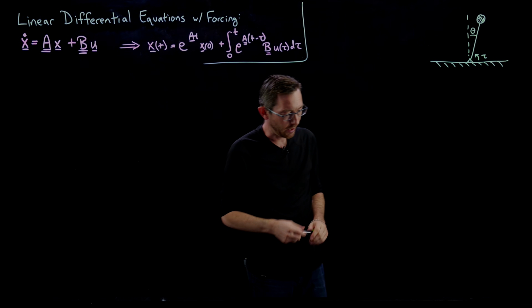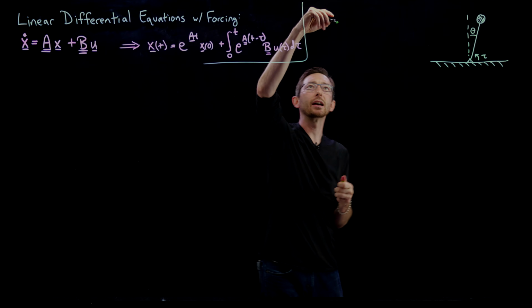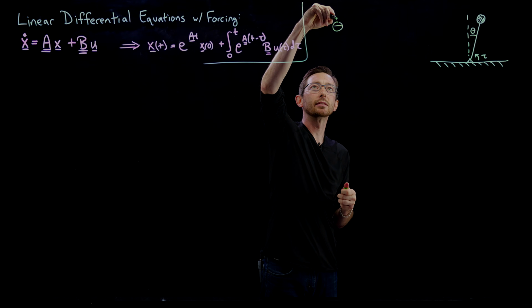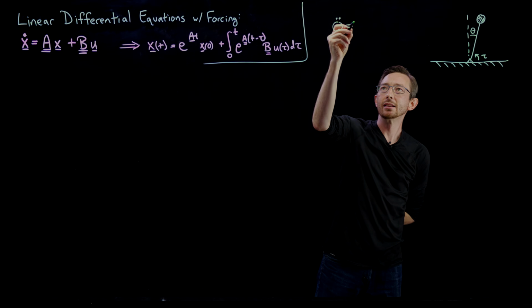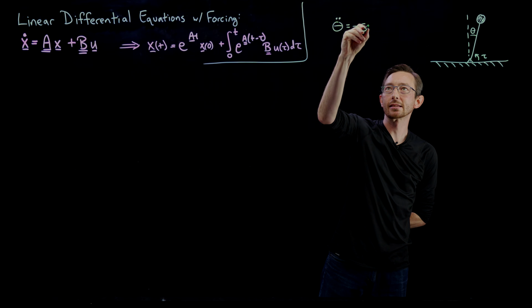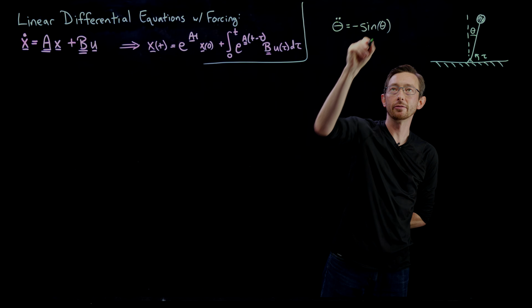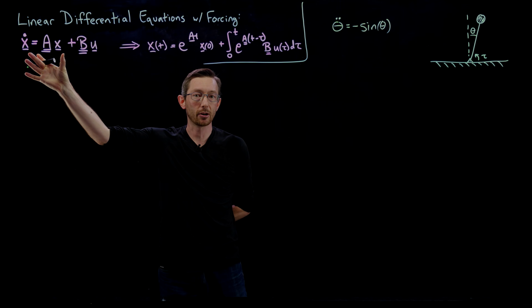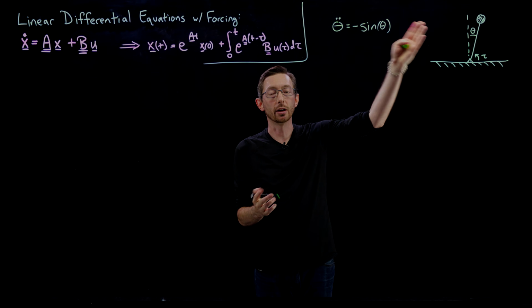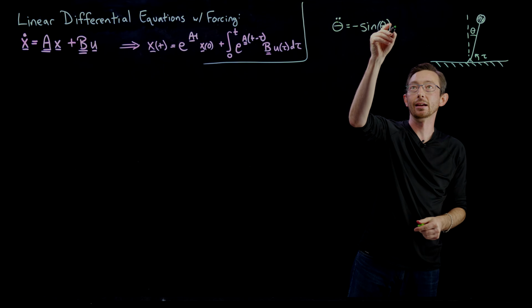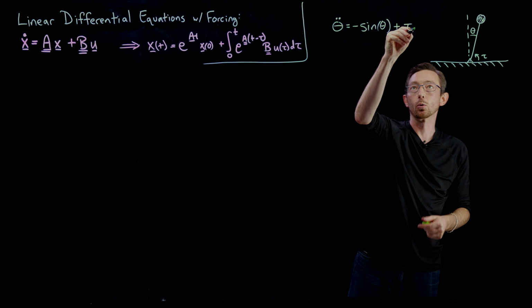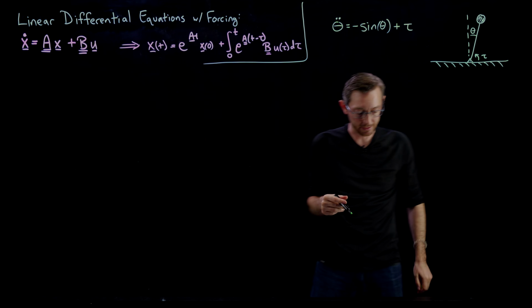Our dynamics are something like theta double dot. The full dynamics of the full nonlinear pendulum is something like theta double dot equals minus sine theta. That's the unforced part. If I add a torque, which is a generalized force that acts on angles, then in F equals ma, I would just have plus torque. Torque directly affects theta double dot.